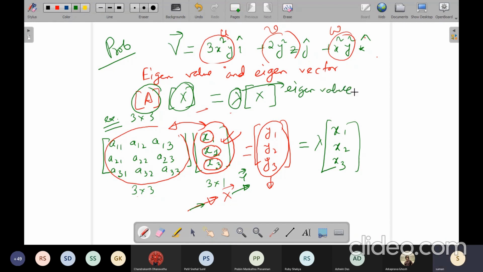So what the eigenvalue does is that it culminates everything in the form of a parameter which can be expressed in terms of a single vector. And what is that single vector here?